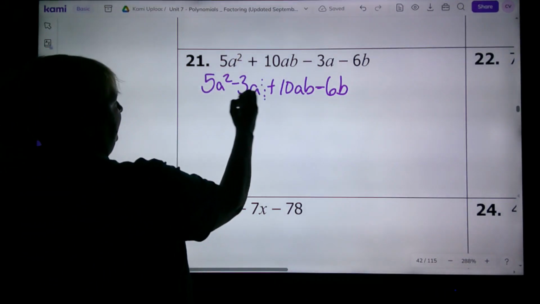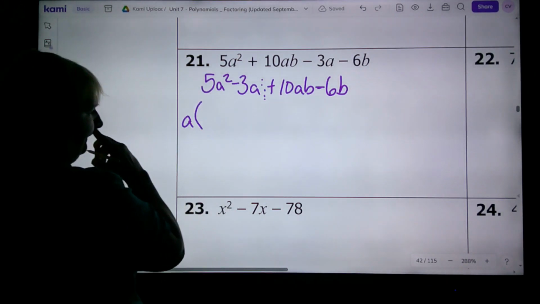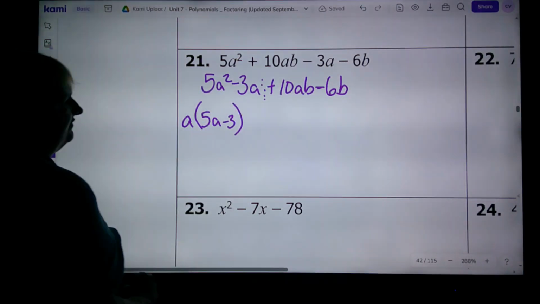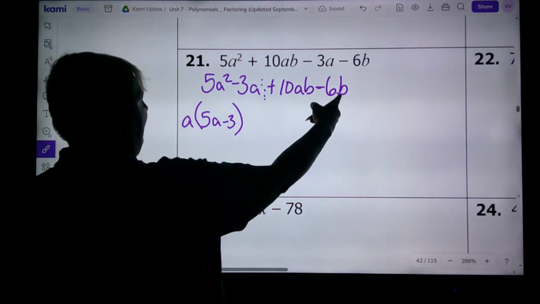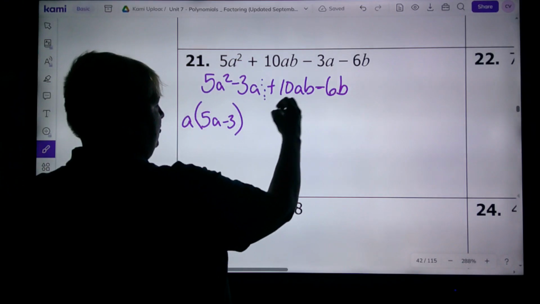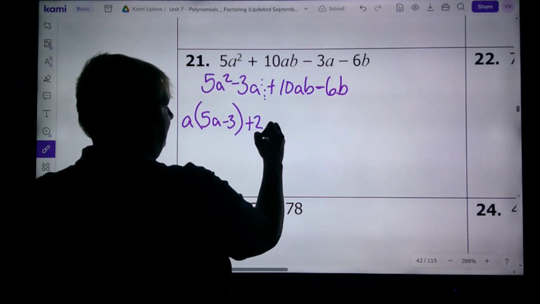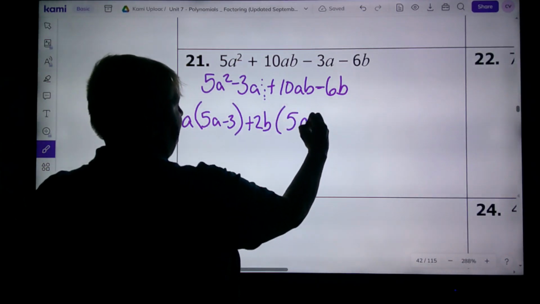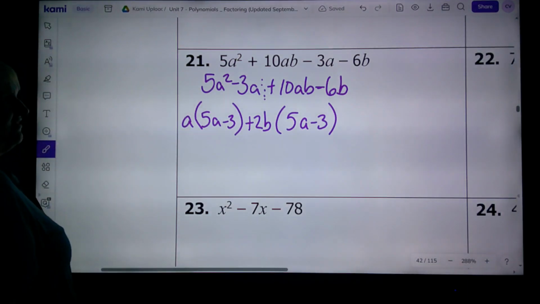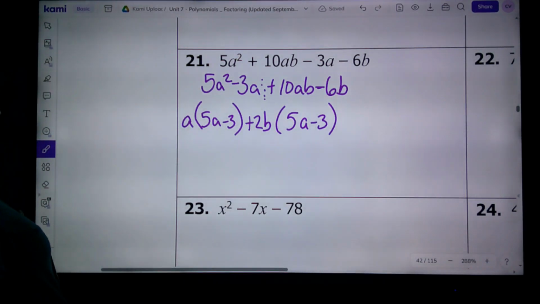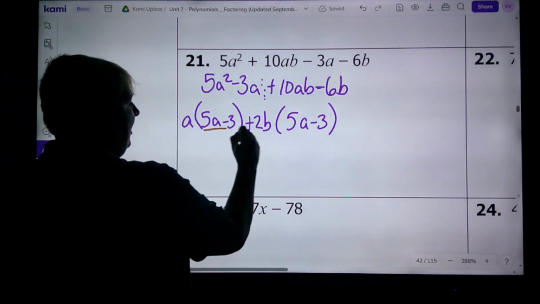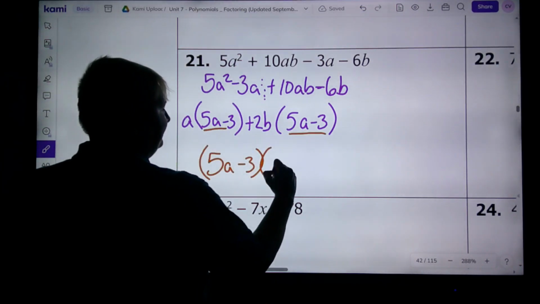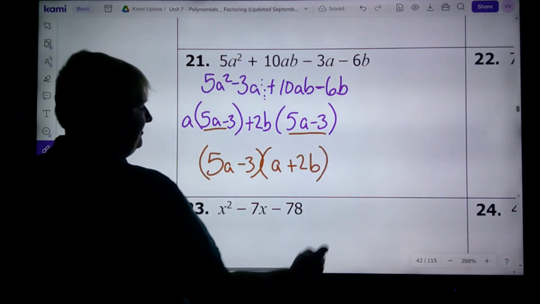We'll see if it works. We can factor out an A, and it leaves us with 5A minus 3. And we can factor out a 2 and a B, and it leaves us with 5A minus 3. Look at that, it worked out. I wasn't sure it was going to, but it did. Right? Factor out the common binomial, and then put what's left into the parentheses.